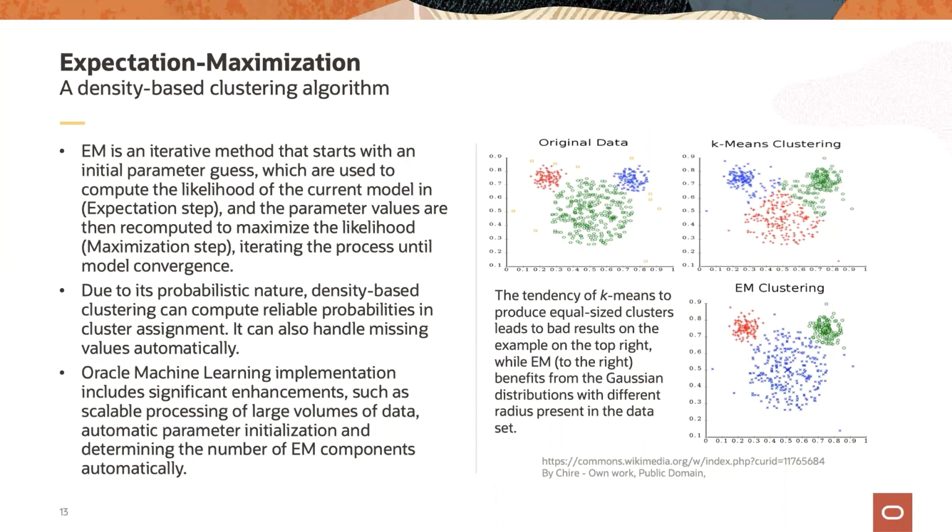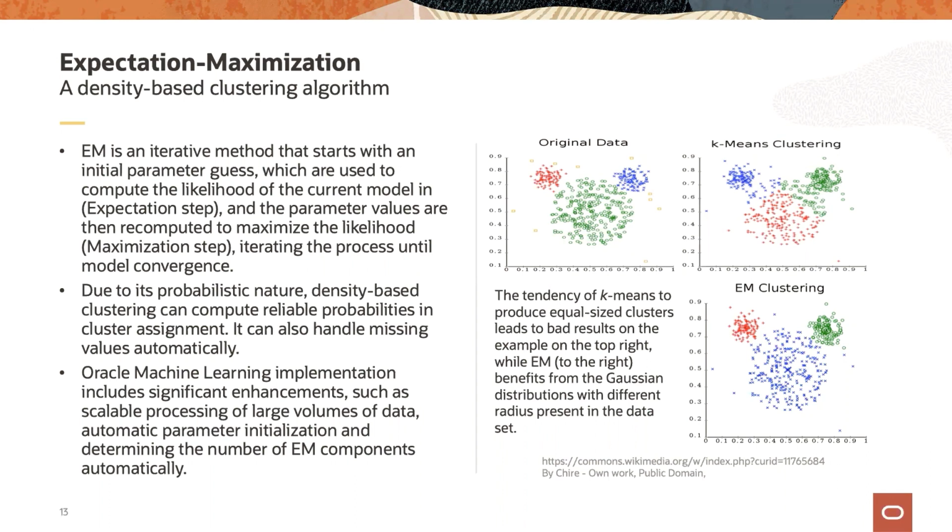On the top, you have the original data, like Mickey Mouse ears. And then you have the k-means clustering, which tries to create clusters of the same size, but then it gets it wrong, so it guesses incorrectly there. And then the expectation maximization clustering gets much, much closer to the real process. So that's basically what it does.